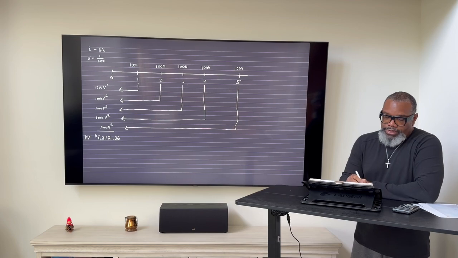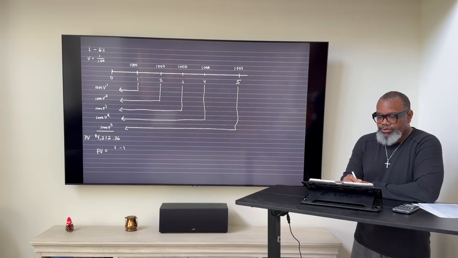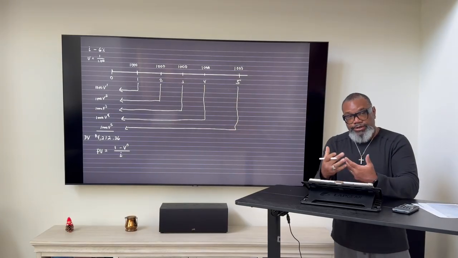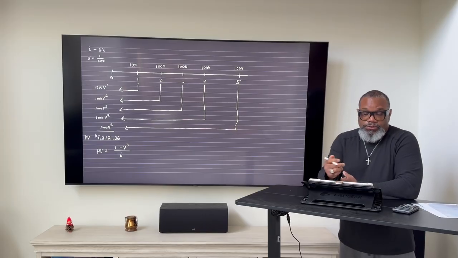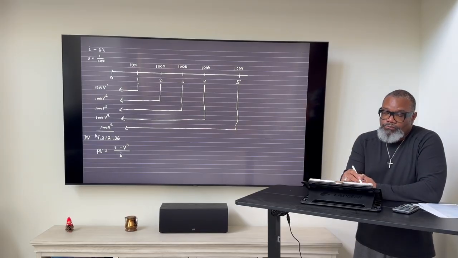So the formula that we're going to have is, the present value is going to be equal to 1 minus V to the N, and that's going to be all over i, written as a decimal, so 6% is going to be written as 0.06.